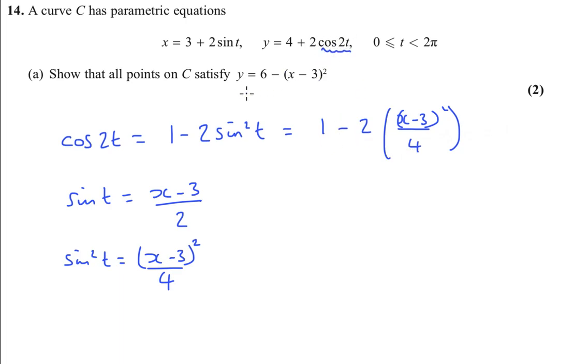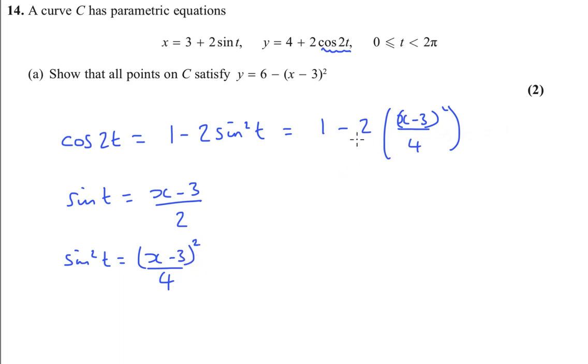The reason I've done it this way around is because y is the subject here, so we want to keep y the subject. Because 1 minus 2 sine squared t is equal to cos 2t, and sine squared t is equal to this, we can say for this particular equation that cos 2t is equal to 1 minus 2 lots of sine squared t, which we're writing as x minus 3 squared over 4.